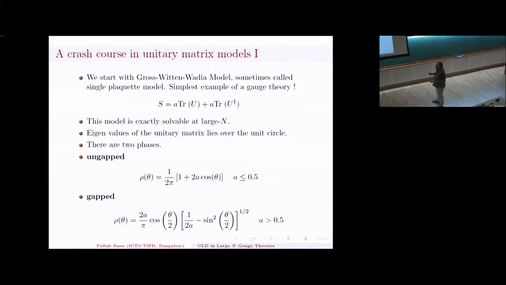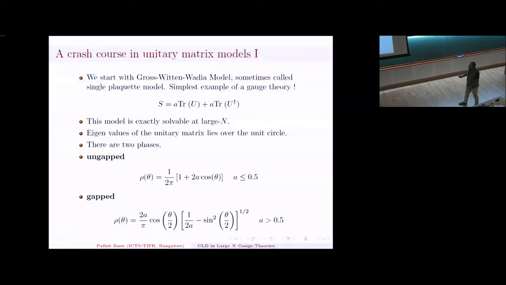That is, the action is equal to Tr U plus Tr U dagger. Let us just cut any introduction and assume that we are interested in this action, which is a very simplistic 0-dimensional gauge theory. Often these matrices are taken to be SU(N) matrices, that is, the determinant is also 1.